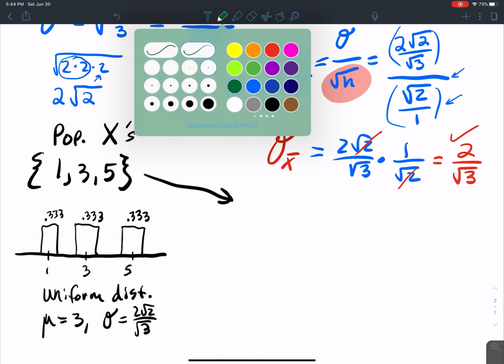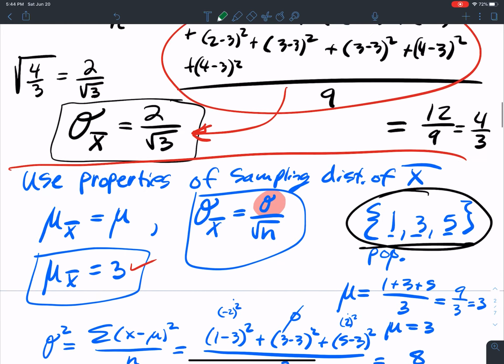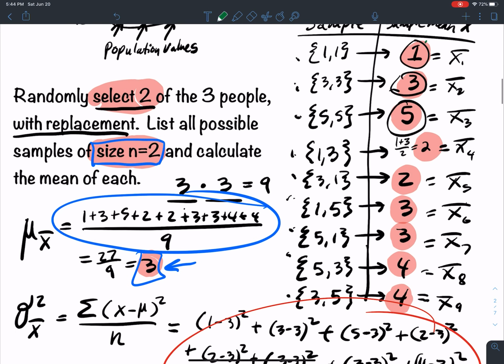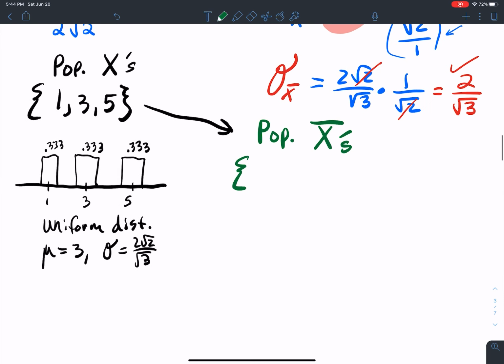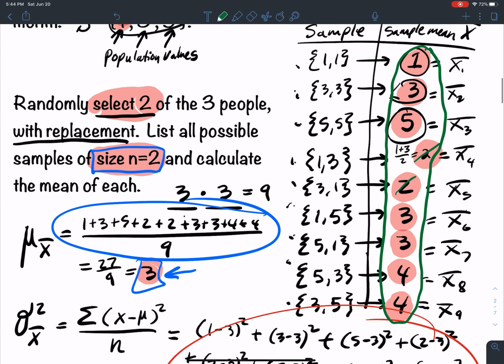Now, what happened whenever we converted to the population for the sampling distributions of x bar, right? How many x bars did we have? We had 9 of them. There were 9 values, okay? So I had 1 one. I had 2 twos, I think. And then 3 threes.